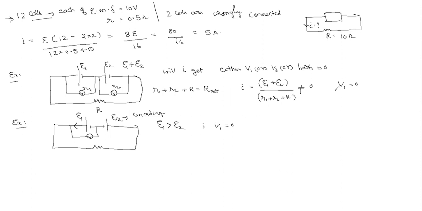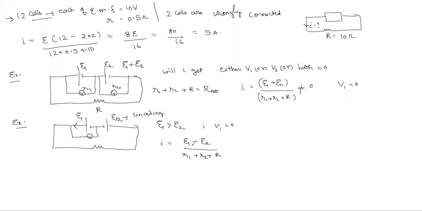In both the cases, aiding or unaiding, if V1 equals to 0, what will be the condition that you get? Sir, if we take it like a charging and discharging condition, I equals to how much you get? I equals to E1 minus E2 by R1 plus R2 plus R. Not R1 minus R2, plus R. Very good.